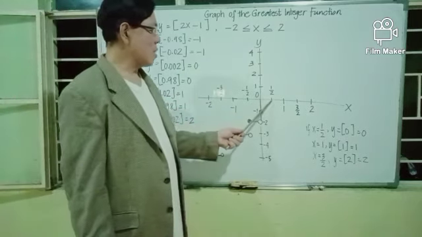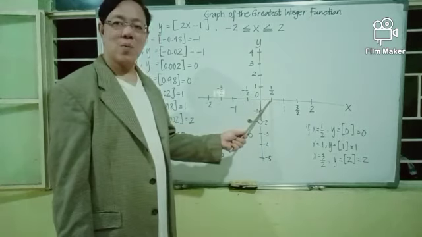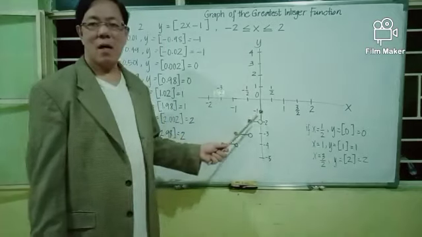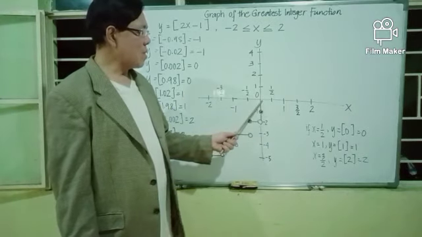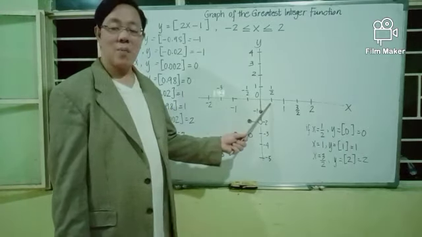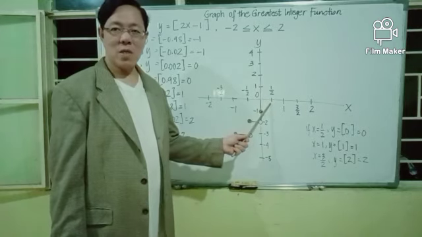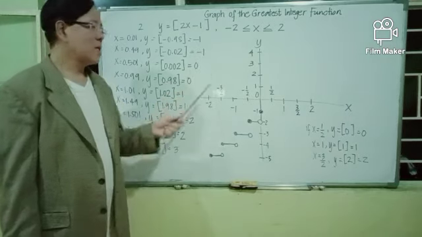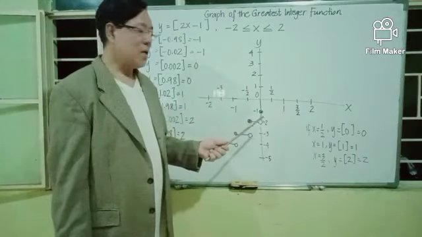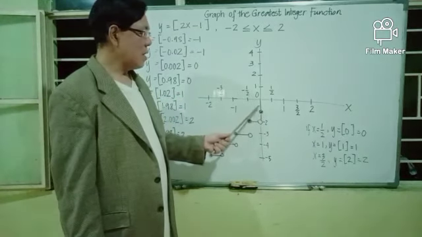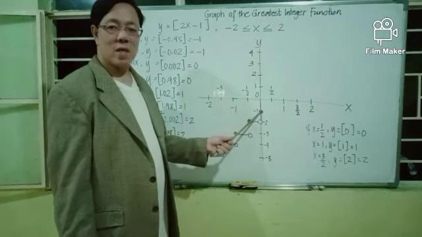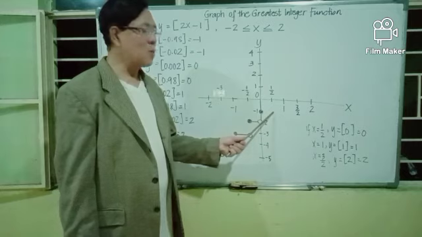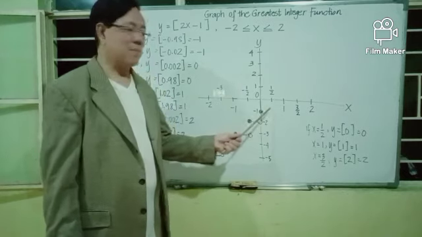When x equals 0.49, the value of y is negative 1. Actually, if you take any real number from 0 to 1 half, excluding 1 half, you will get the value of y equals negative 1. And we represent that by a horizontal line from x is 0, y is negative 1, up to a real number very, very close to 1 half, but not equal to 1 half.